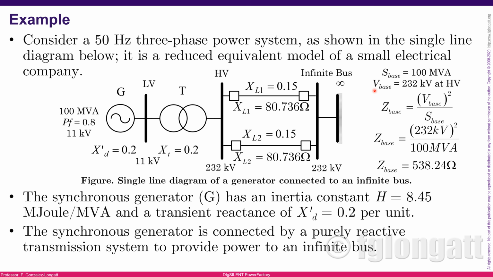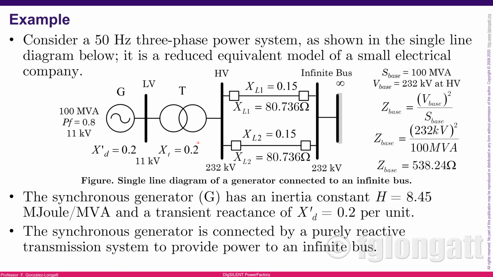Second, I will assume a voltage base for this transmission system that is 232 kV here at the transmission side. Using the transformer ratio, because this is a 3-phase 2-winding transformer, the base voltage is 11 kV on this side, okay? That is extremely simple.